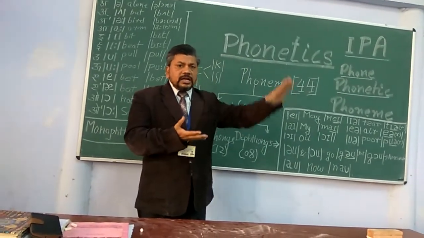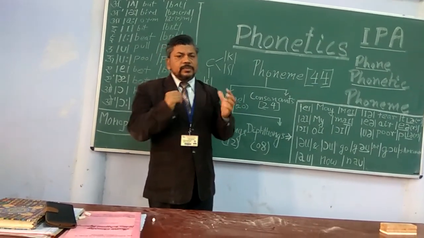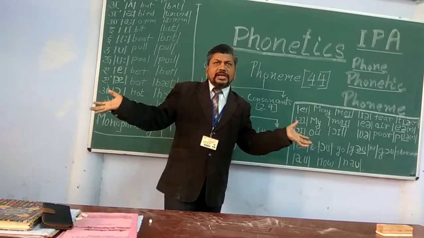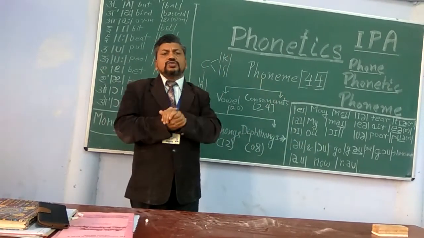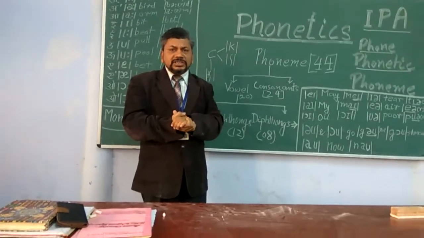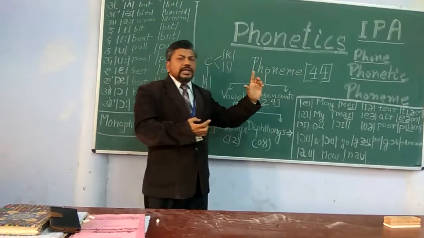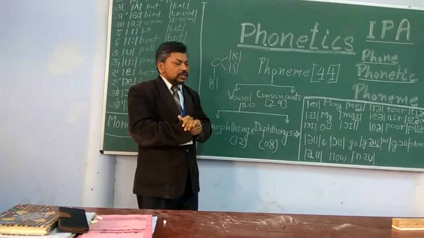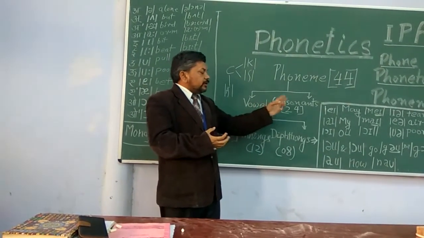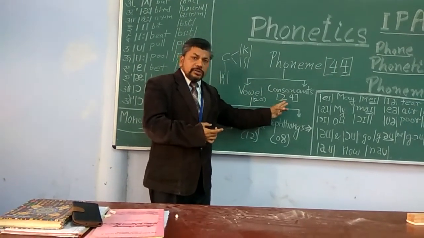Though they identified 160 plus sounds existing in many languages, for English they recommended only 44 phonemes, divided into vowels and consonants.